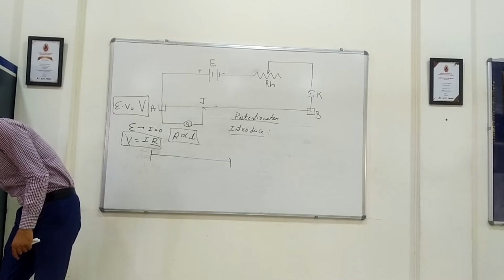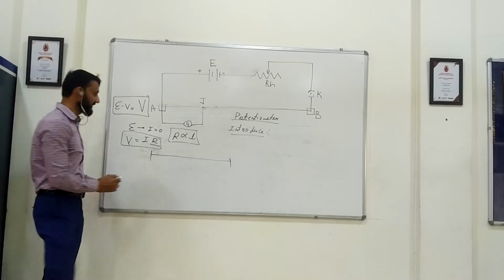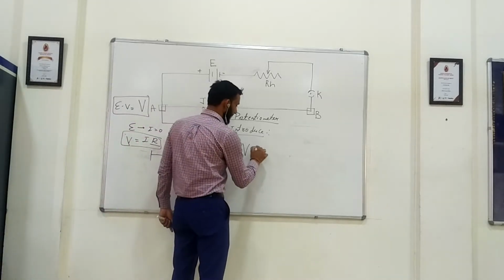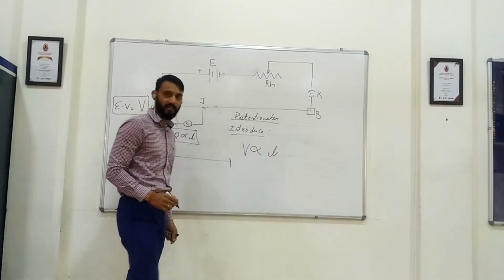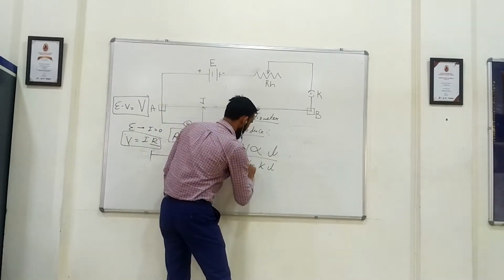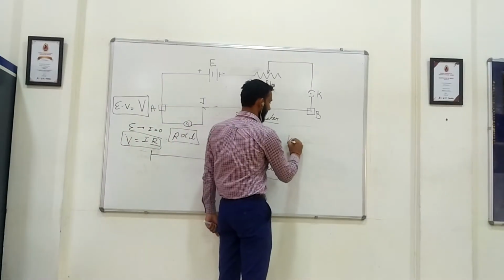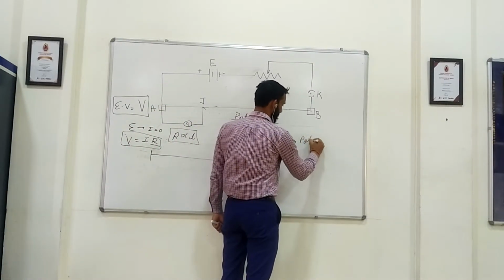So this is the very important point, that this fall, which is V potential, is directly proportional to L, right? If you remove this proportionality, K comes constant, K is a constant, and its name is potential gradient.